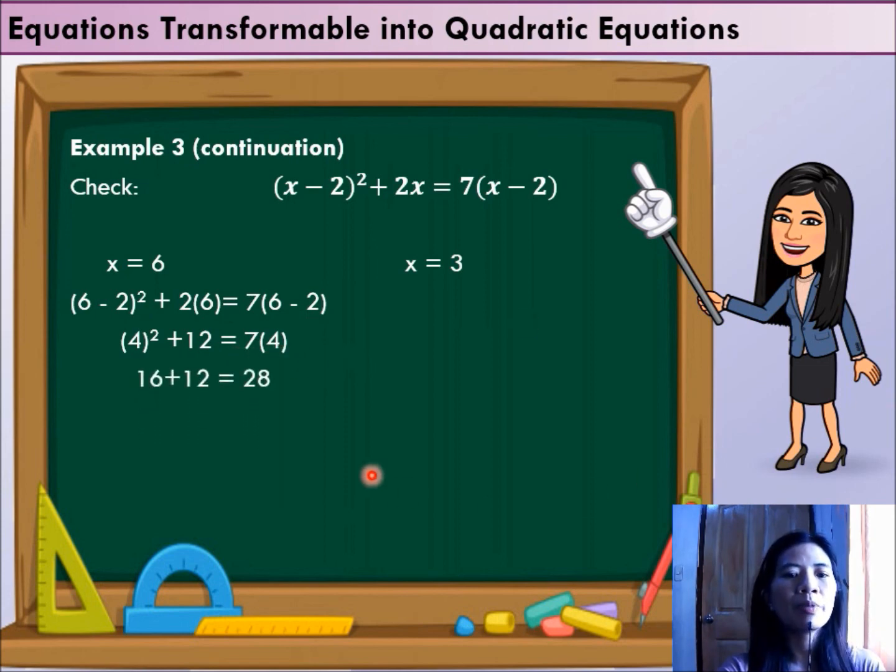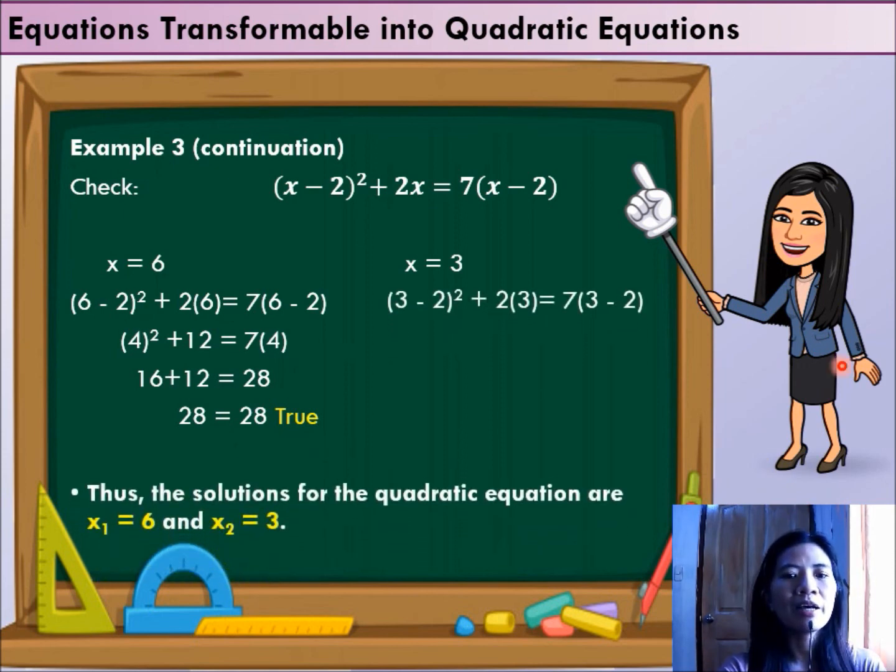Then simplify again. 4 squared is 16, plus 12, equals 7 times 4, which is 28. So 16 plus 12 equals 28, which is equal to 28. So this is true.